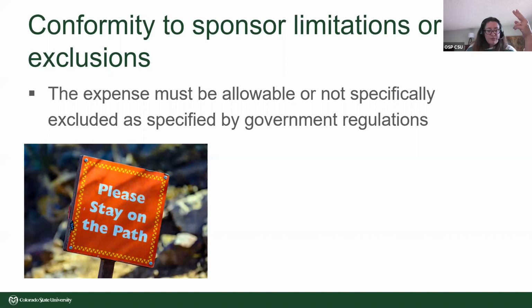General purpose equipment costs, not allowed. Costs for instruments or equipment that are going to be used primarily for education purposes and not research purposes, not allowed. So there's that conformity not only with institutional regulations and allowability and cost accounting practices, but also conformity with your sponsor limitations.